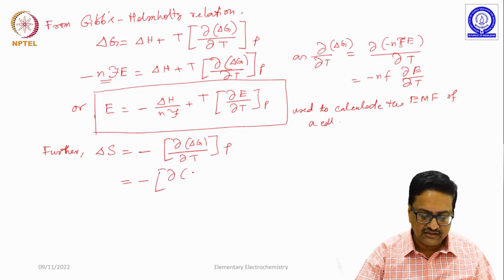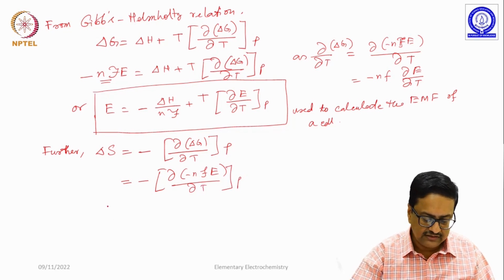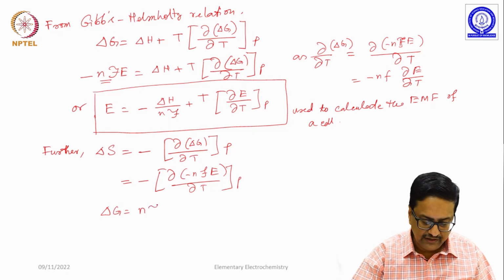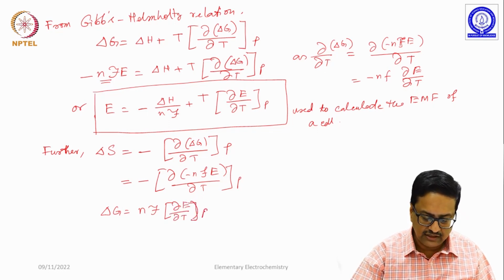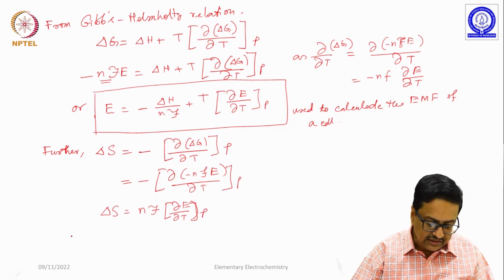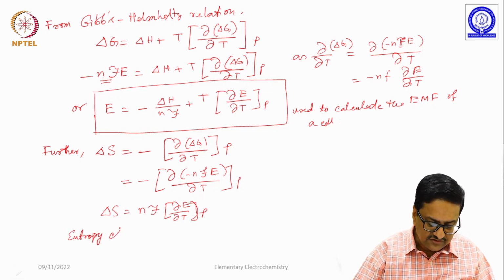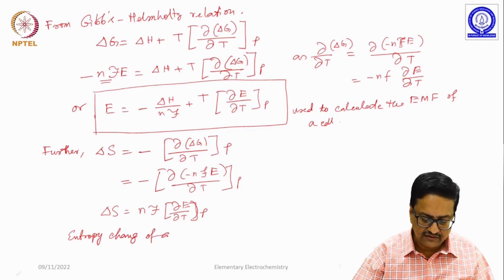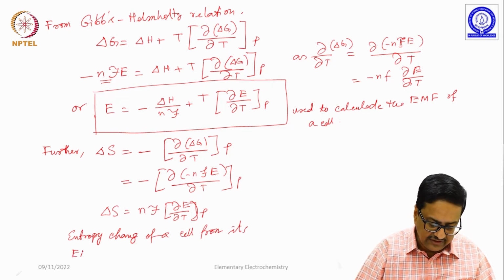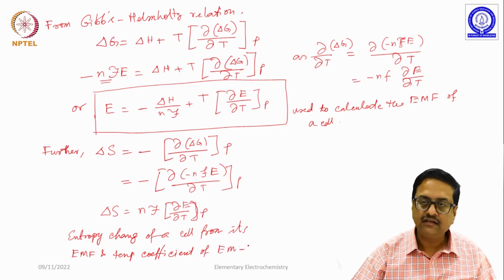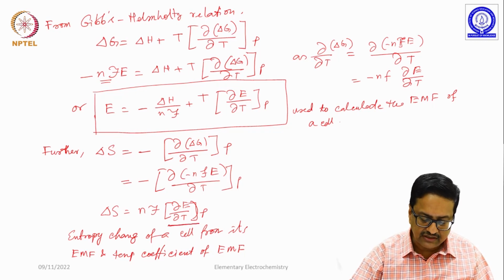So, you can write del of minus nFE by del T at P, or delta S equal to nF del E del T at constant pressure P. So, here we are getting the entropy change of a cell from its EMF and temperature coefficient of EMF, right, because this is the temperature dependence of the EMF.